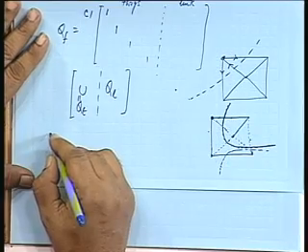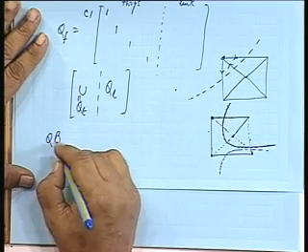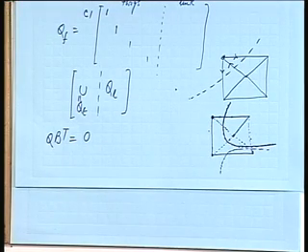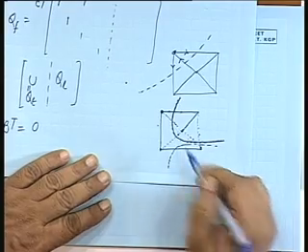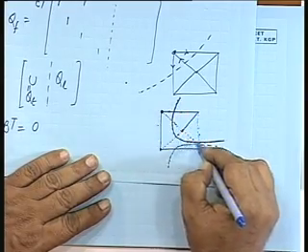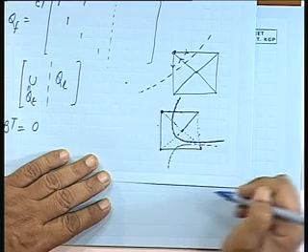Now, you see, there is an interesting relationship between Q and B. Q into BT is equal to 0. Can you prove this? Q into BT, let us see what it means. When we are considering this particular tree and we consider a cut set, I am cutting one twig at a time.